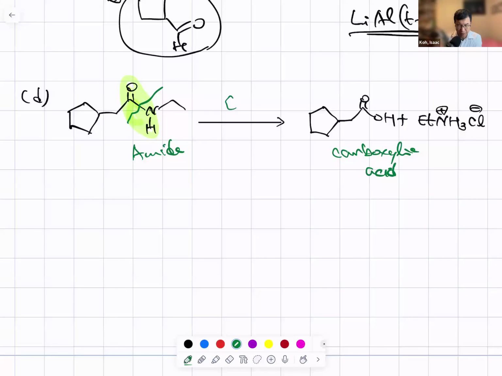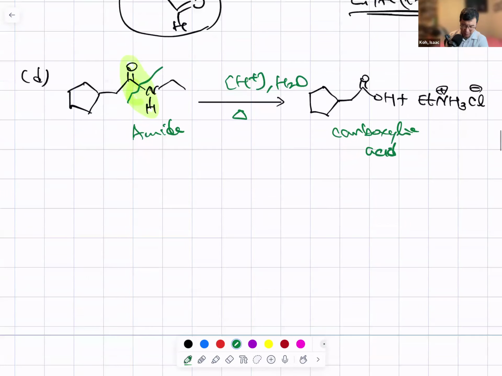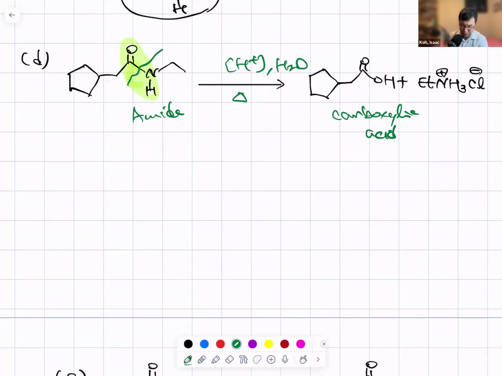Again, acidic condition and heat are required, with water. Then this will be hydrolyzed. First the carbonyl oxygen will be protonated, and then water will attack, nucleophilic attack, followed by hydrolysis.